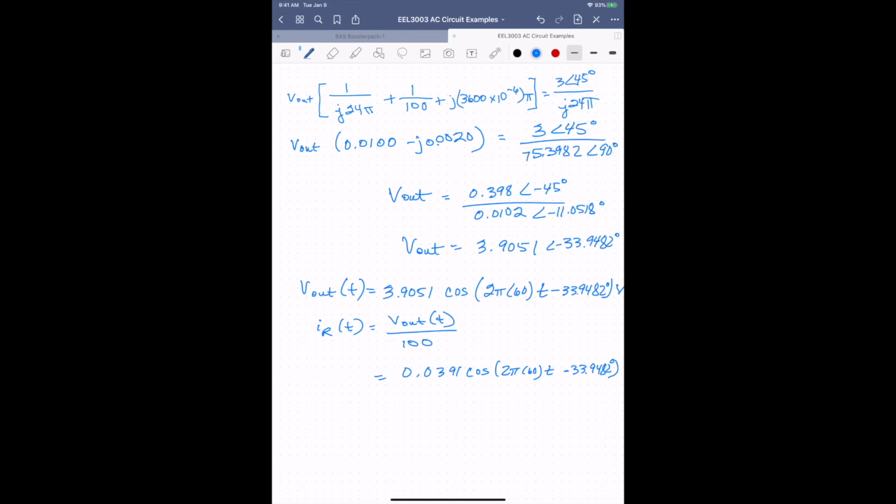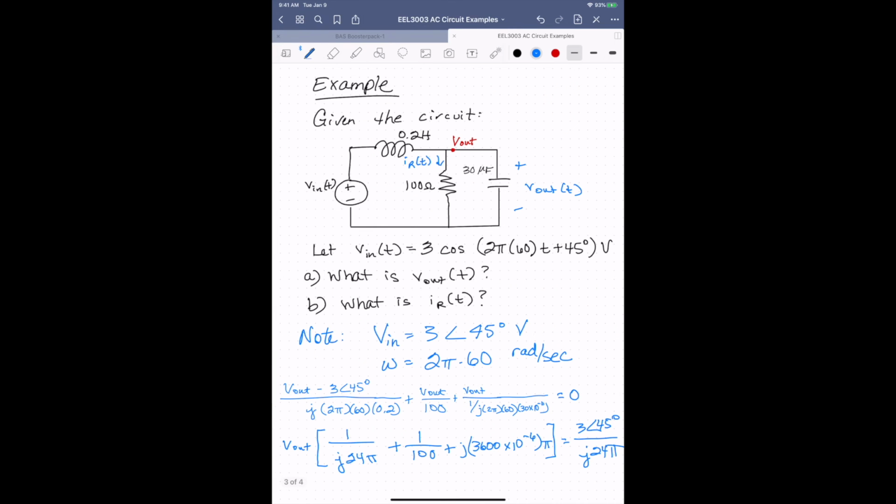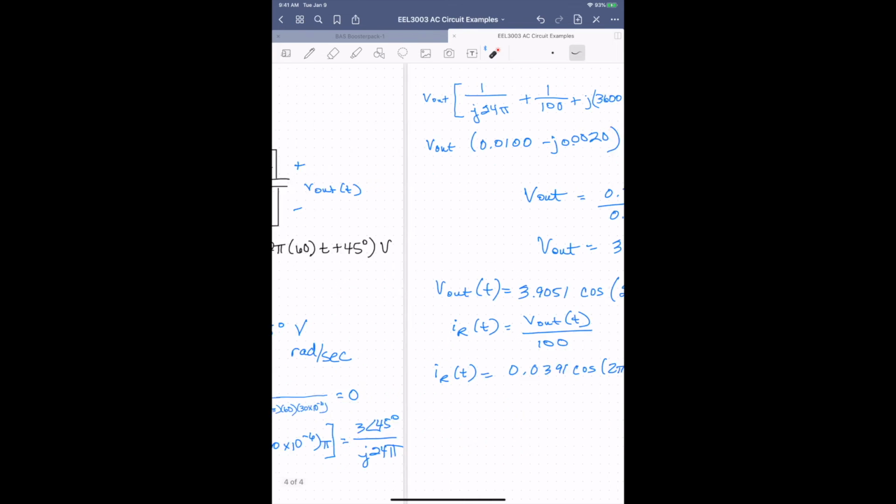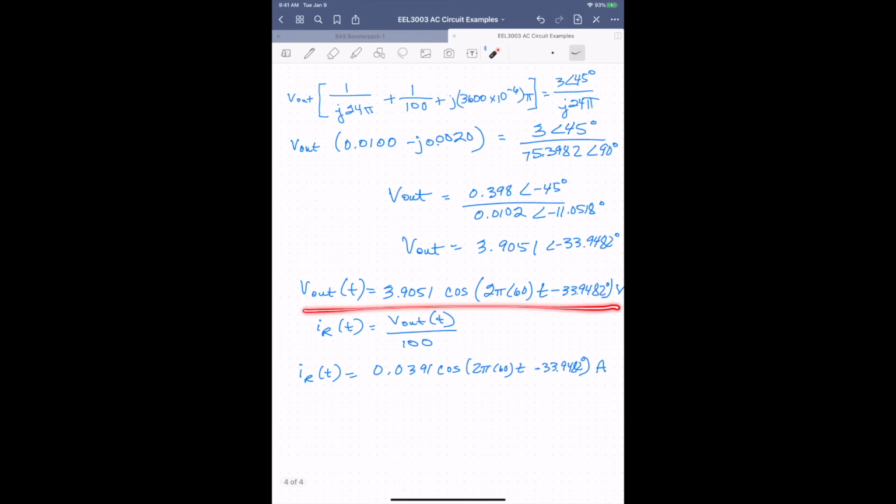And the unit, of course, is amps. So the complete answer, when I ask for what is V out of t, you want to write it as a cosine. For IR of t, write it as a cosine. And there's the two answers.